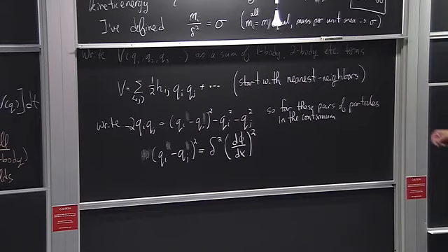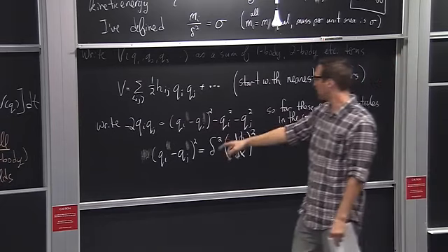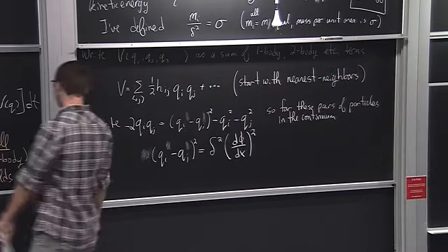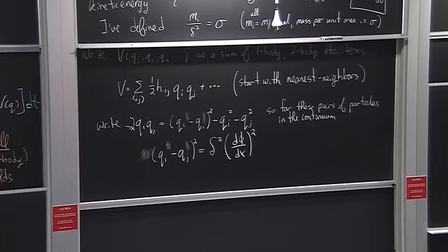So your action's going to have a term that's like, well, you have the kinetic piece, and then you're going to be subtracting off a derivative of the field in every spatial direction, right?